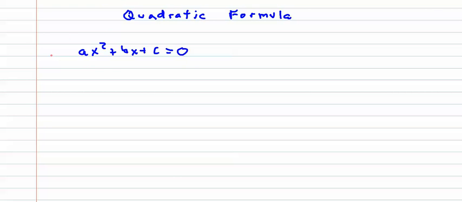If you remember, our first step is to make sure the leading coefficient is 1. So we divide everything by that coefficient. And that gives us x squared plus b over a x plus c over a equals 0.